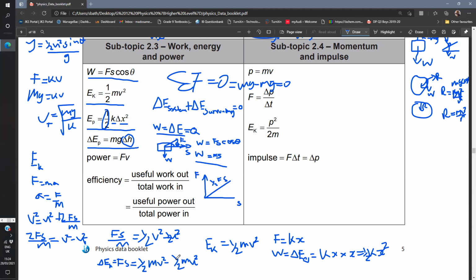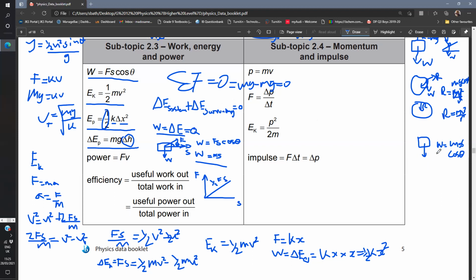And lastly, we're going to derive the work done by gravity. So I'm just going to write here. There's a downward force. So W is equal to mg. This is the force, and S is the displacement.